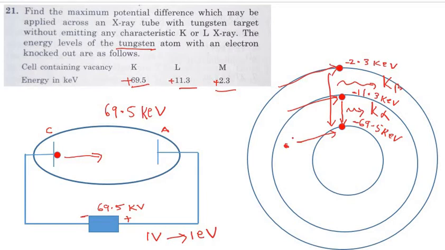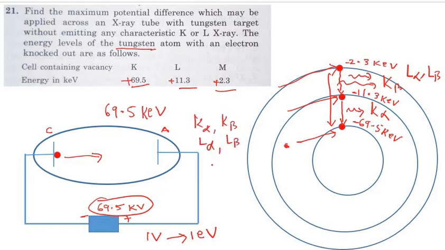If this electron strikes this one with this much amount of energy, then the vacancy is created here, then this electron will come down for fulfilling the vacancy, that would be L alpha, or the electron from the above shell may come, so L beta may also be released. So for sure, if I keep this much amount of voltage or more than this, then K alpha and K beta, or L alpha and L beta will be released.